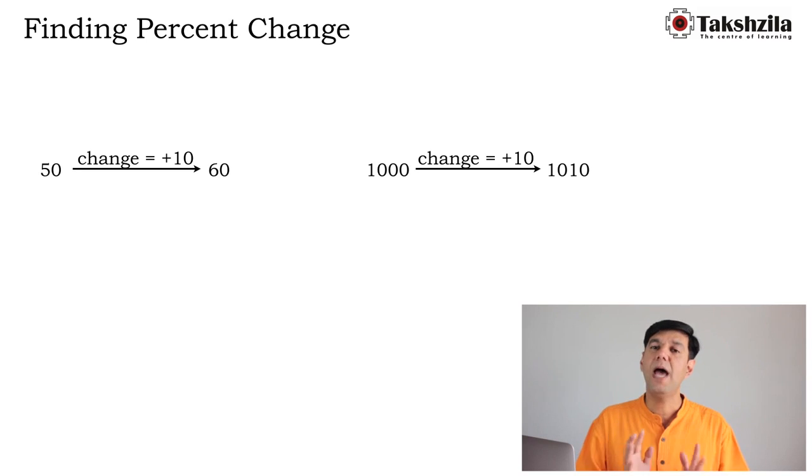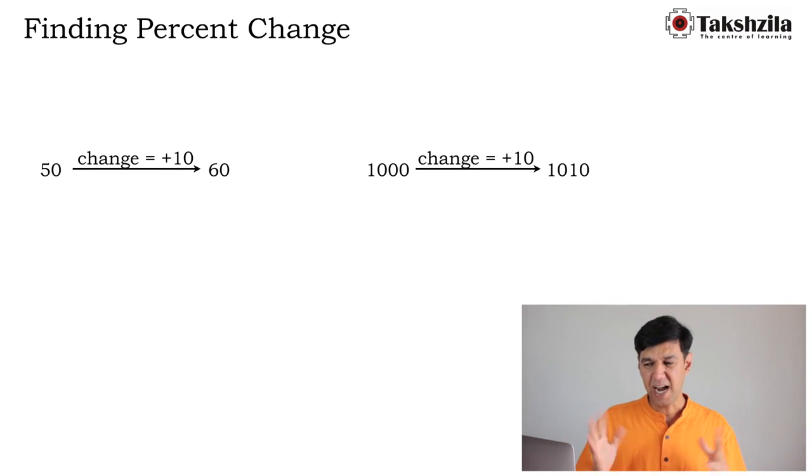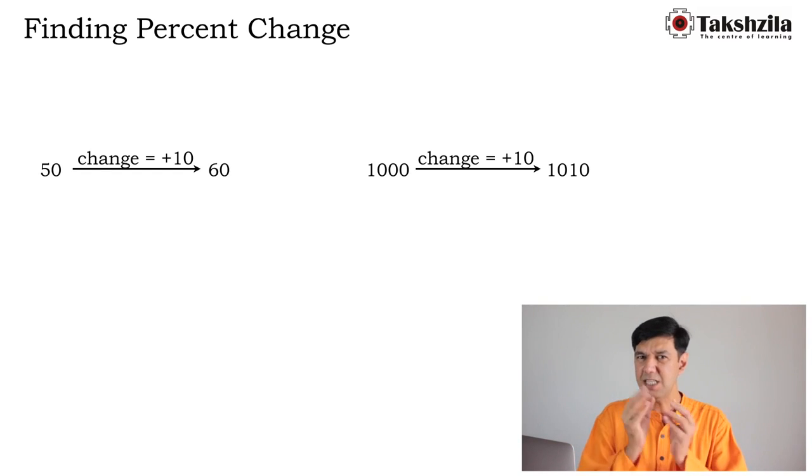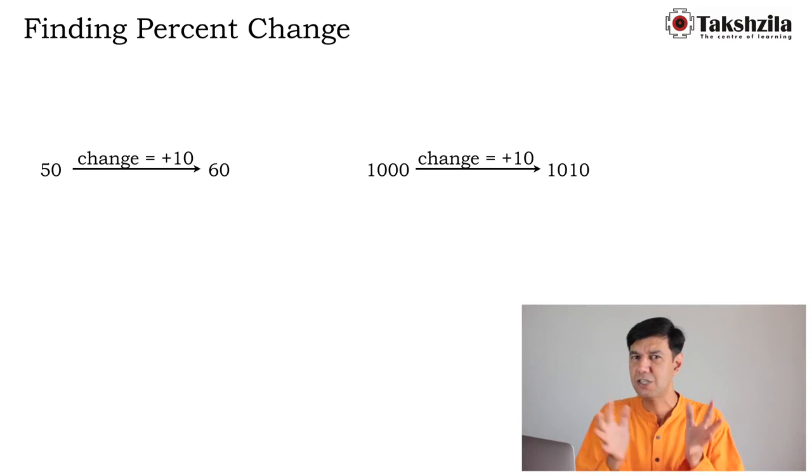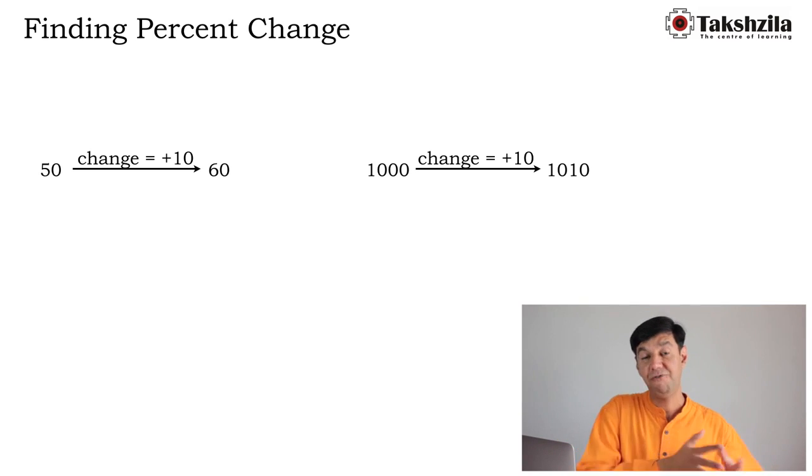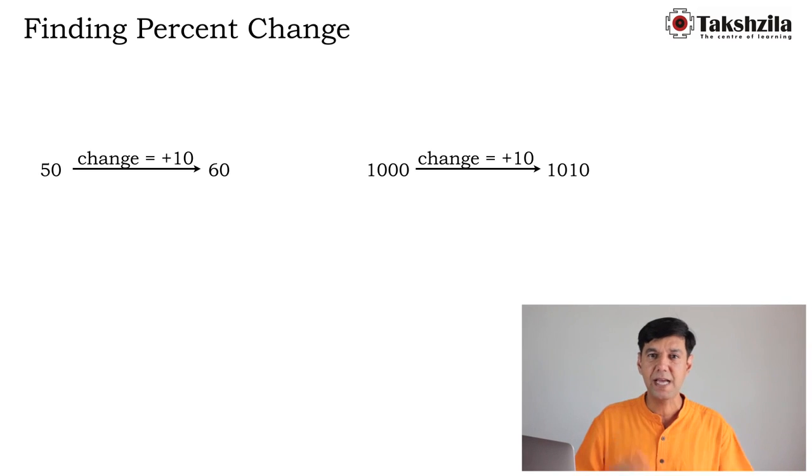While the numeric value of the change may be the same, 10, however, are we okay with the fact that the change in the second scenario, 1000 to 1010, is a very insignificant one, a smaller change, whereas 50 changing to 60 is a big deal as such, right? So what are we making sense here?